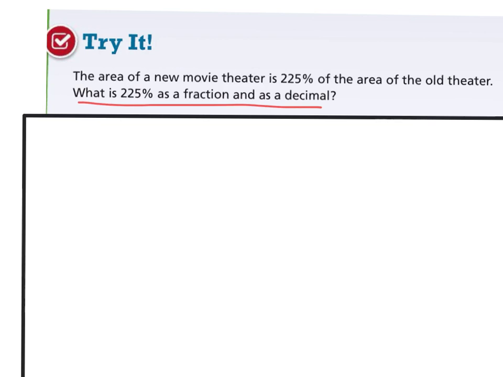So if we use our trick we talked about earlier, 225% as a decimal would be 2 and 25 hundredths, 2.25. Again, just moving that decimal 2 places to the left. And then from there, we can change that over to a fraction and then reduce it if possible.